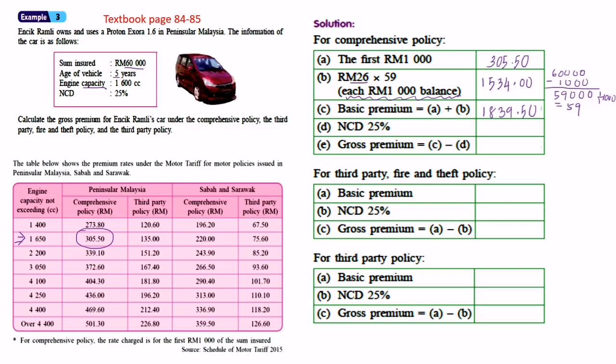NCD 25%. So it means he can obtain the discount for the premium because NCD is 25%. 25% is 0.25 because 25 divided by 100 is 0.25, times the premium, 1,839 ringgit 50 cent, equals 459 ringgit 88 cents.